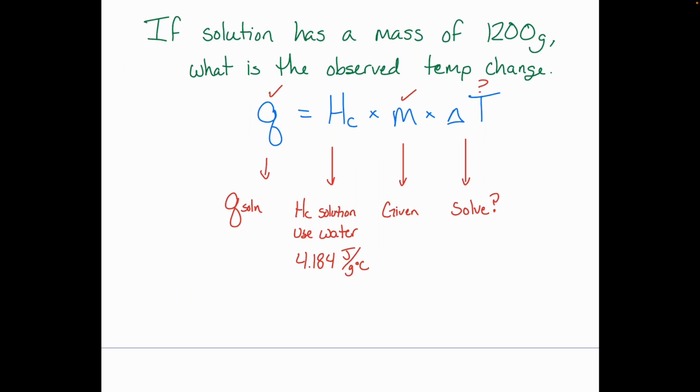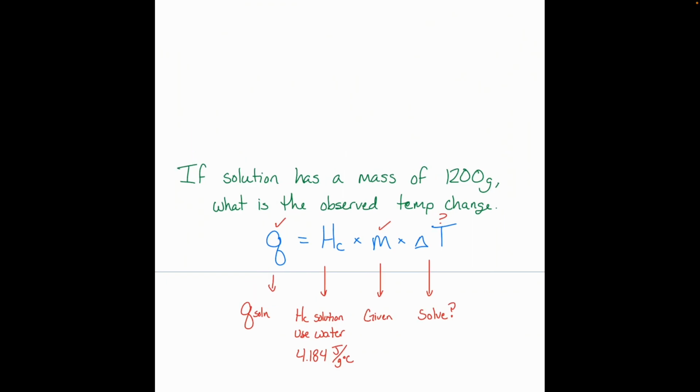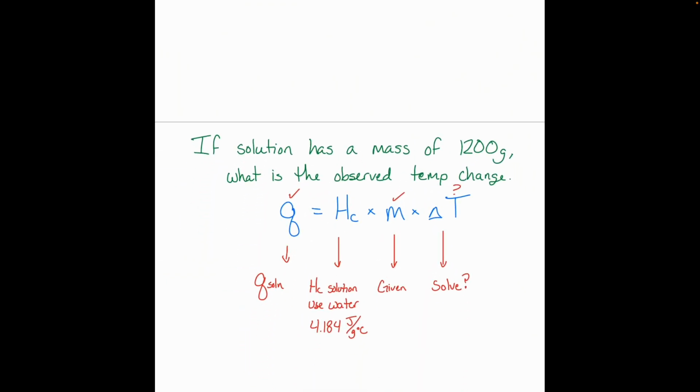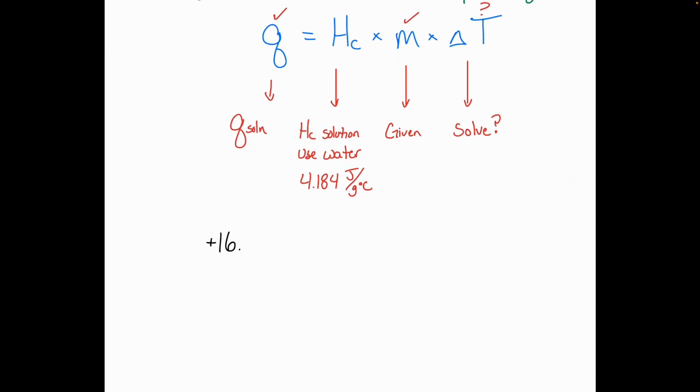All right, so let's plug everything in here to our equation. The Q of our solution, that's what we solved for. That was that positive 16 point something, something, something, 425. We're going to keep our sig fig marked.